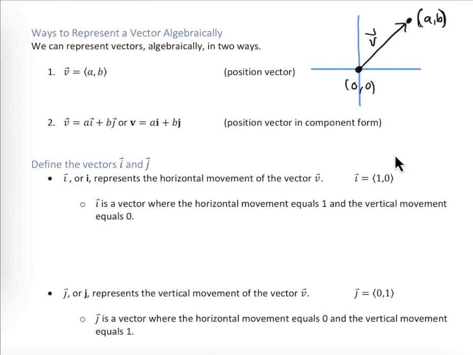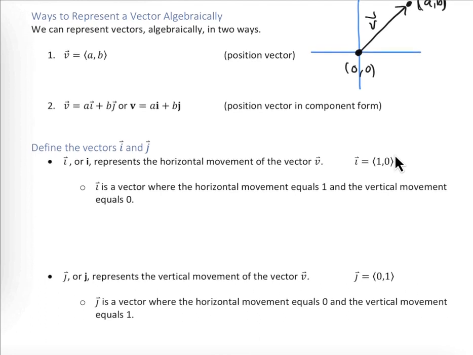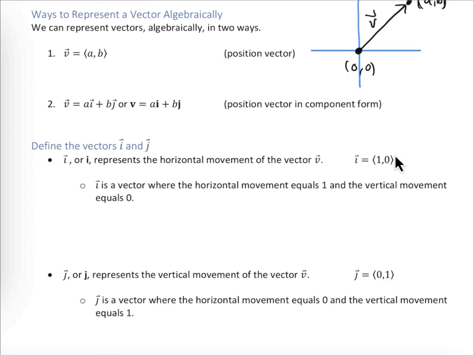But just to go ahead and say, we call this a vector written in component form when we say we are looking at a, which again is the horizontal direction, times the vector i, plus b, which is the distance that we travel in the vertical direction, times the vector j. And I like writing them with vector hats over the top, but again, these vectors could be written in boldface lettering, and that would still represent vectors.